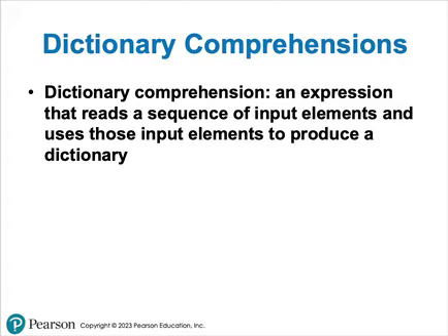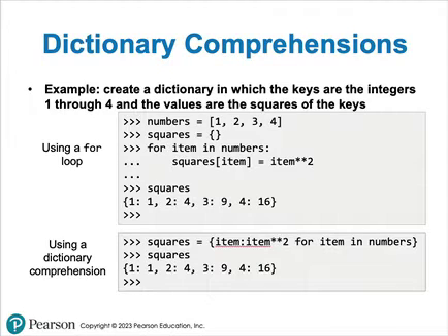We have comprehensions, which again are expressions for iterating over something, in this case a dictionary. So here we have examples where we go through and we set up some numbers, and then for each of those calculate a square.